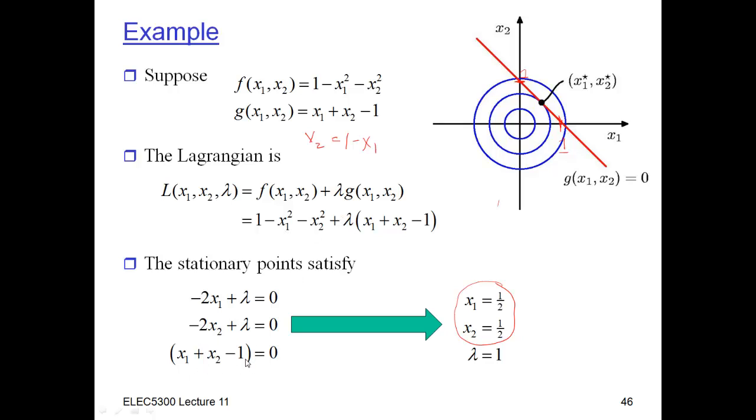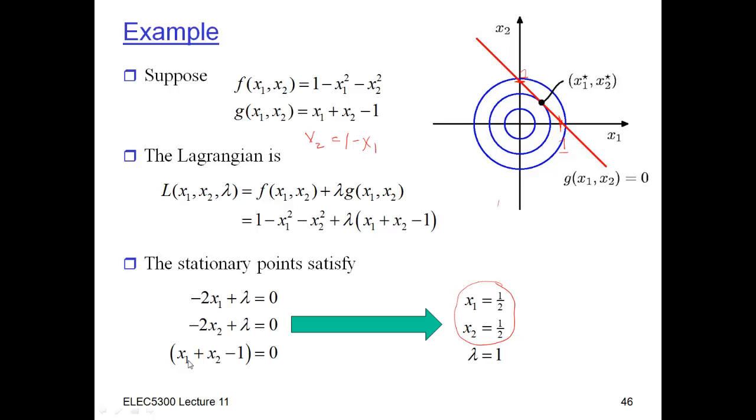When I differentiate with respect to x1, I get minus 2x1 plus lambda, and the rest goes away, equal to 0. Differentiating with respect to x2, I get minus 2x2 plus lambda.